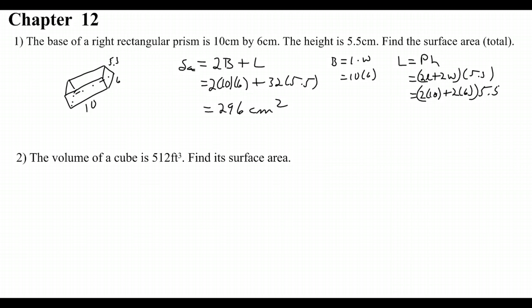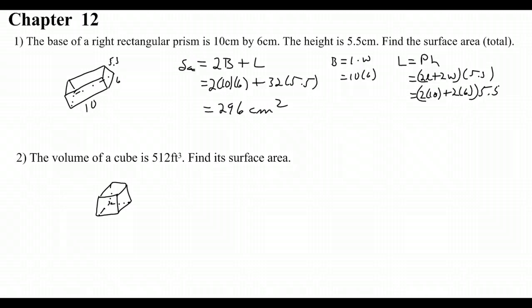The volume of a cube is 512 feet cubed. Find its surface area. So it's starting off with the volume. Now remember what a cube looks like. A cube is a rectangular prism, or actually a square prism, where all sides are squares.